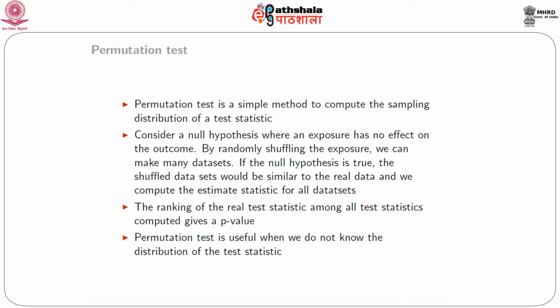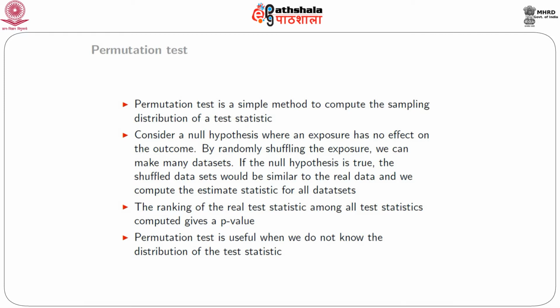Now, consider the case where we want to see the effect of an exposure on the outcome. If the null hypothesis is that there is no effect of the exposure on the outcome, then changing the exposure would have no effect on the outcome, assuming the null hypothesis is true.